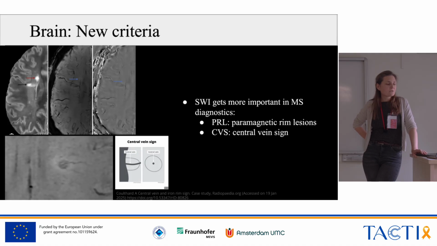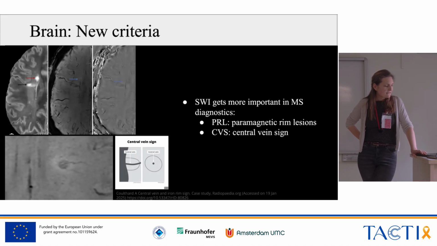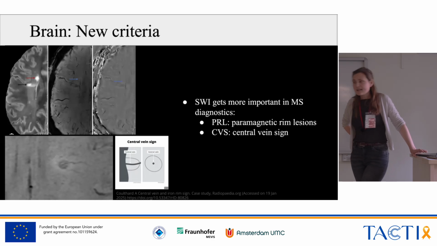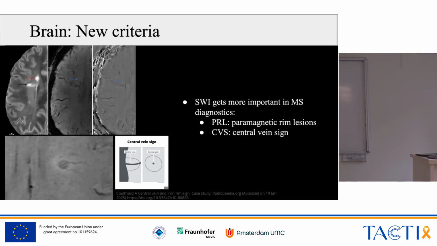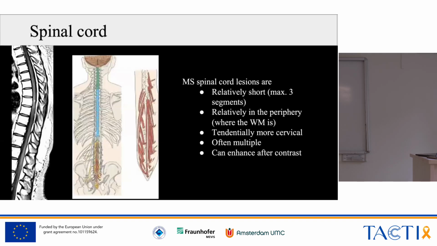But also there are so-called paramagnetic rim lesions. So this is again the central vein sign, and the paramagnetic rim, as may be seen here, could indicate current ongoing inflammation. For example, you have those two lesions here, but only one has a paramagnetic rim. This can stand for a chronic active lesion versus a non-active lesion.